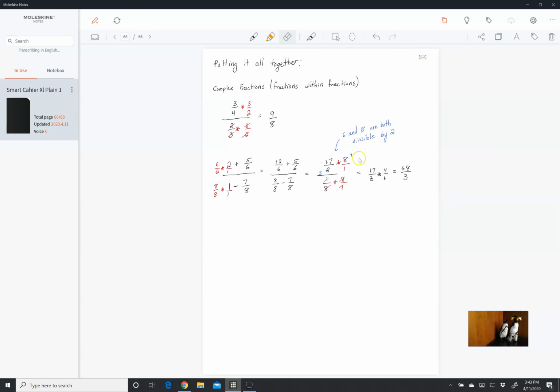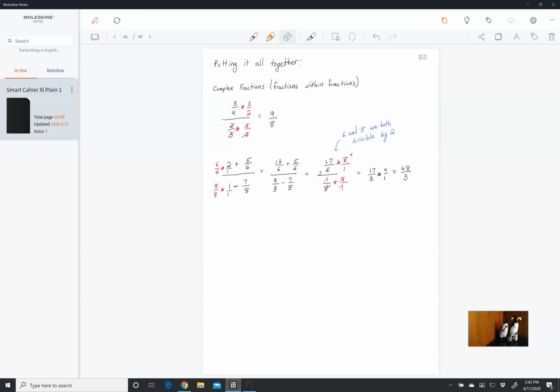Now, if you didn't reduce here, then you would have had 136 as your numerator and 6 as your denominator, and you would have been able to divide both of those by 2.